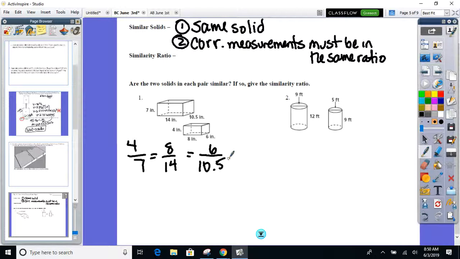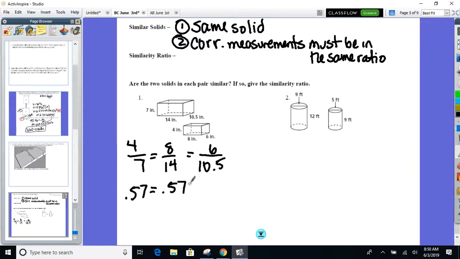What's the decimal here? Okay, I'm just going to put 0.57. 0.57. 0.57. Oh, it's over. So yes, they're similar.